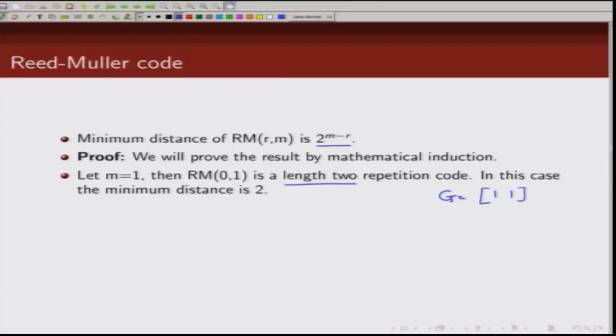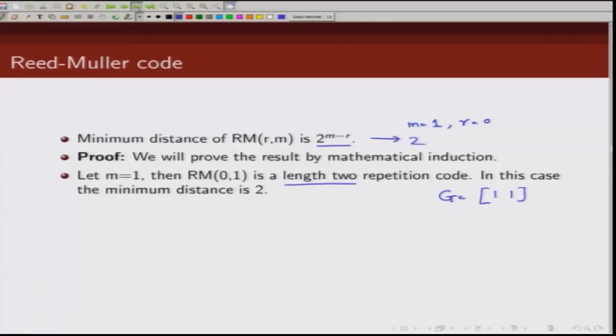And what is the minimum distance of this code? It is 2. So, let us plug that in and see whether it is correct. m in our case is 1 and r is 0. This gives us a minimum distance of 2, and that is precisely what we are getting. So, this holds true for m equal to 1 and r equal to 0.